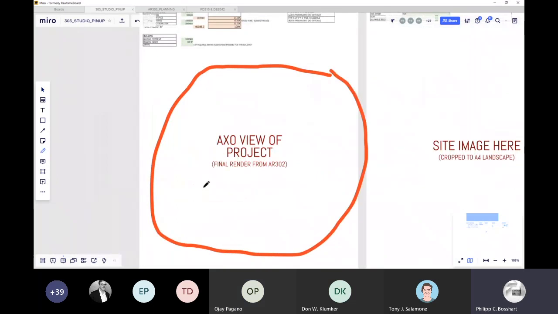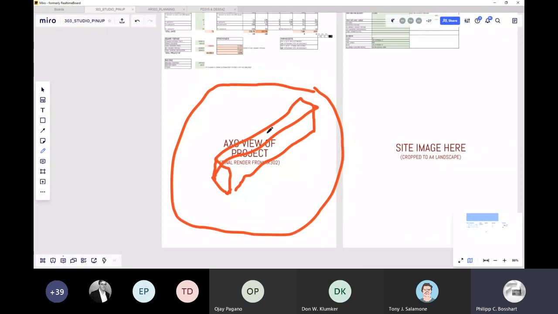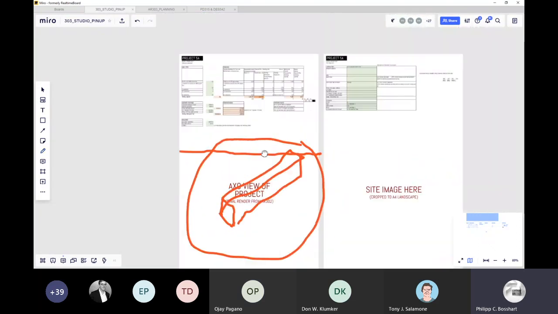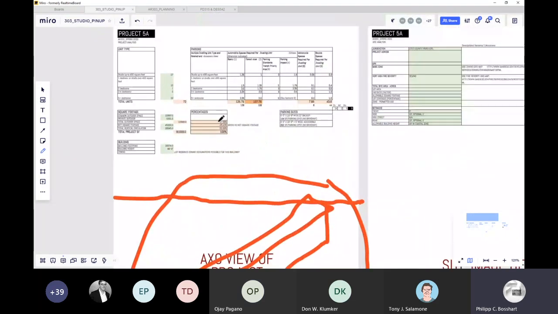I think the axos that we've produced all quarter, you'll be able to get a nice render in here. This is roughly an 8.5 by 11, right? If this is a vertical 11 by 17, okay. I got the fat Sharpie today.